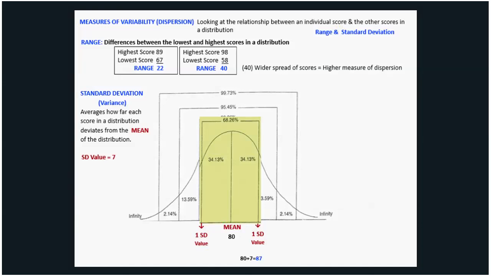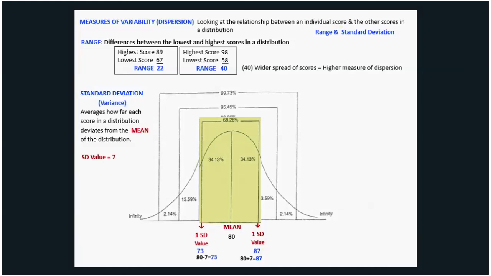If we've got 80 and our standard deviation is 7, that's our value. So 80 plus 7 is 87. That's your score above the mean by one standard deviation. Then you do the same thing the other way, below the mean by one standard deviation, which equals 7.